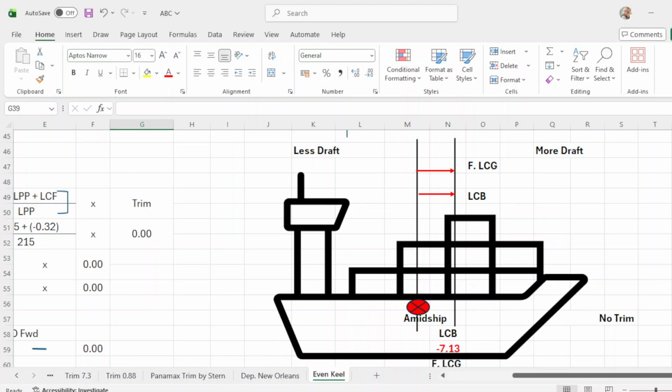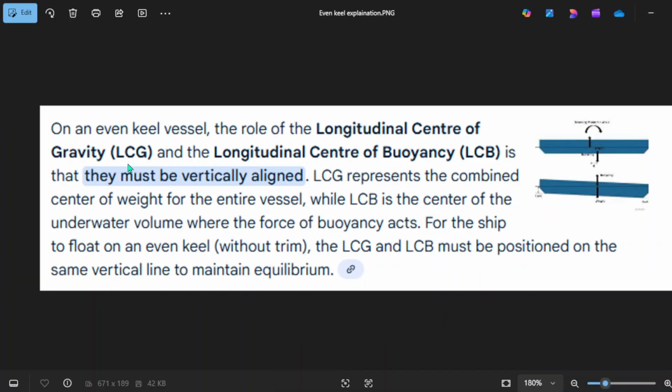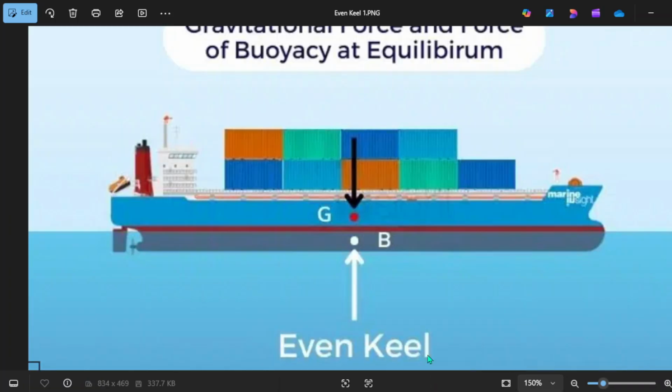And another explanation is this one. For an even keel vessel, the longitudinal center of gravity, which is the LCG, and the longitudinal center of buoyancy, which is the LCB, must be vertically aligned.